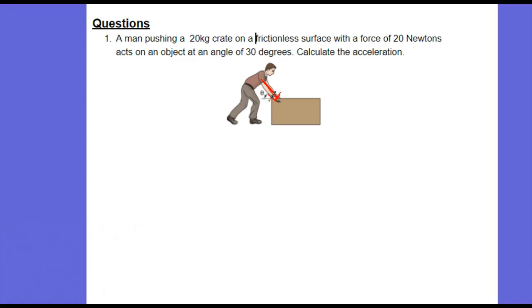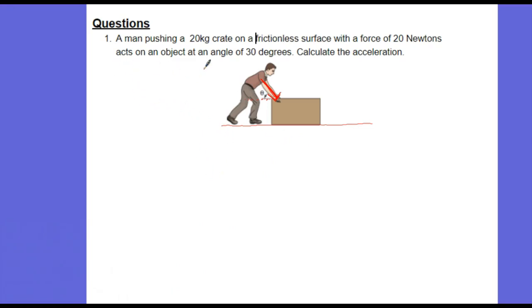And what's important, it's acting at an angle theta compared to the horizontal or the ground level. So there's the ground level. You need some perspective, you need to have some level that you can say this force is at an angle relative to such level. In that case, it might be ground or horizontal.